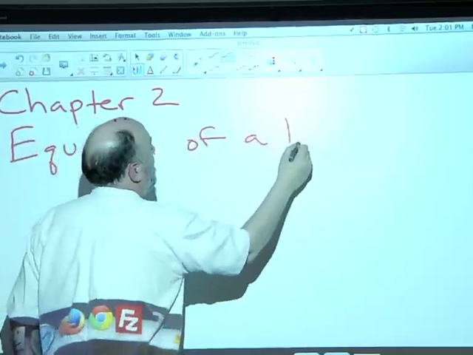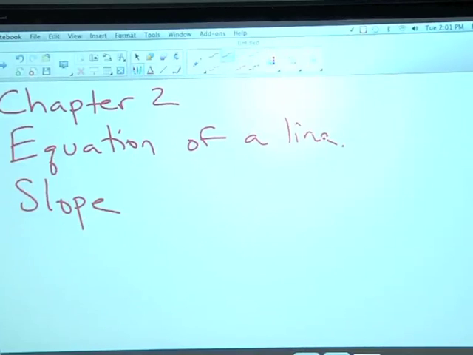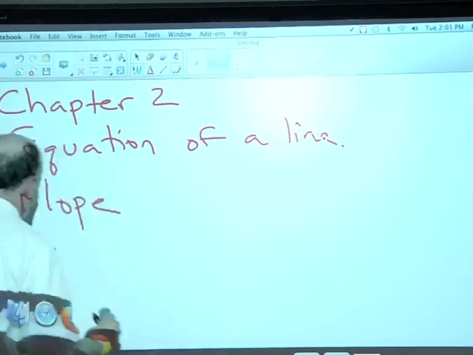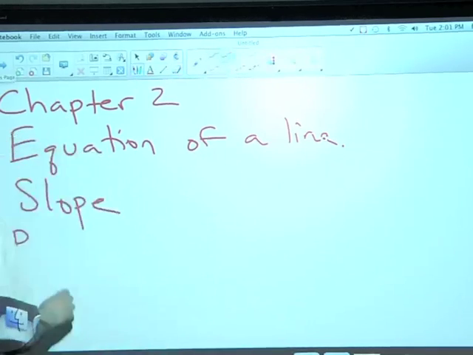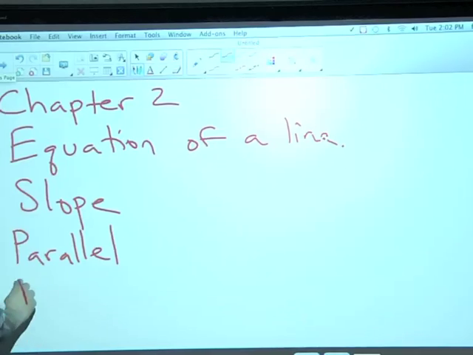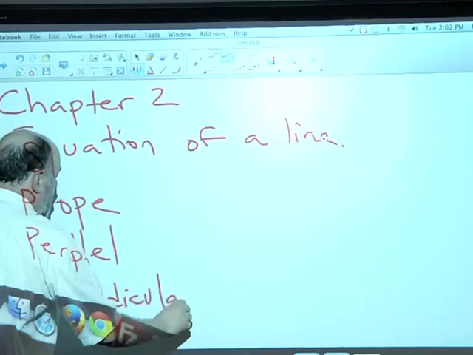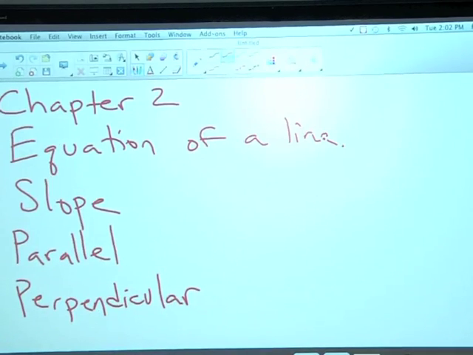That would deal with the equation of a line, and then we also have to deal with slope. And then in regard to lines, we can talk about whether they are parallel or perpendicular. Okay. So those are the things we'll be doing today.